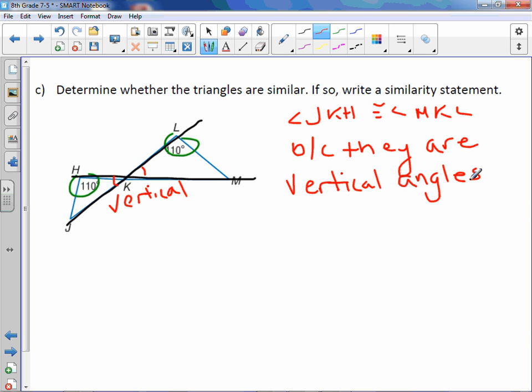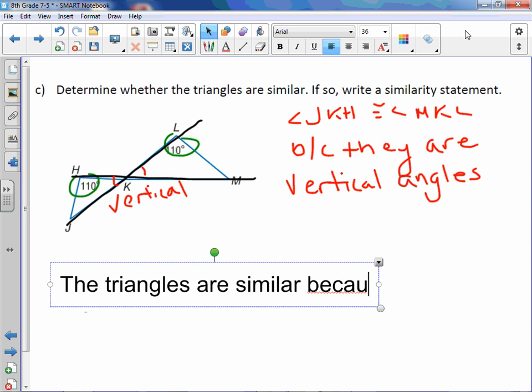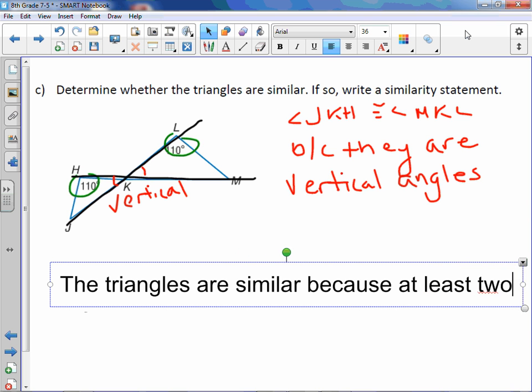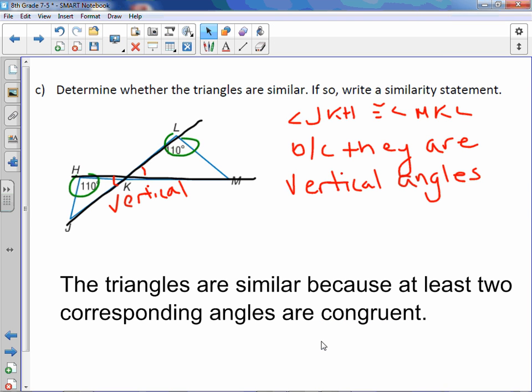And with that in mind, we can now say the triangles are similar because at least two corresponding angles are congruent. So you don't have to know the measure of the angles either.